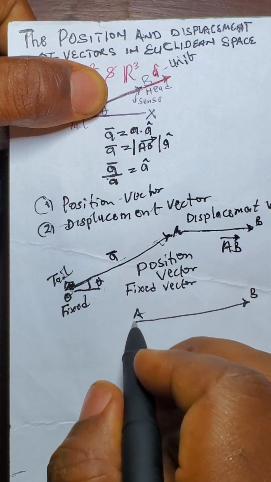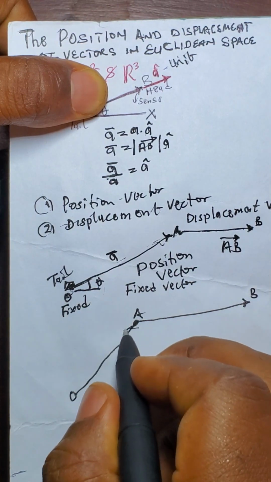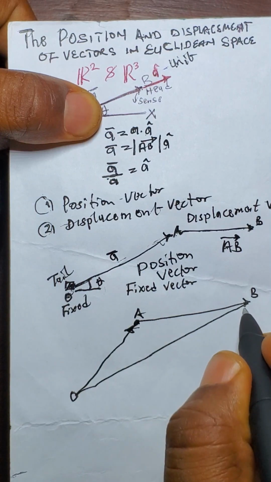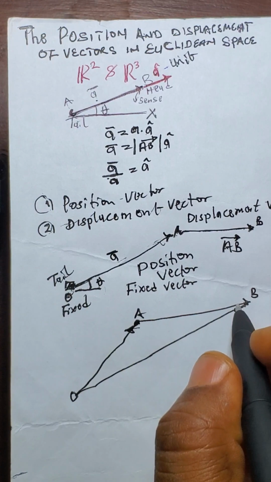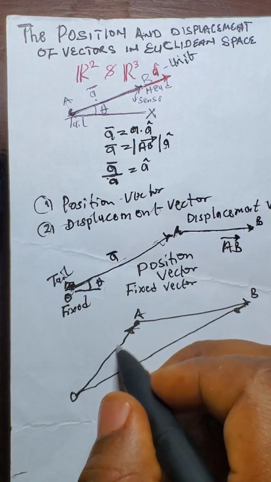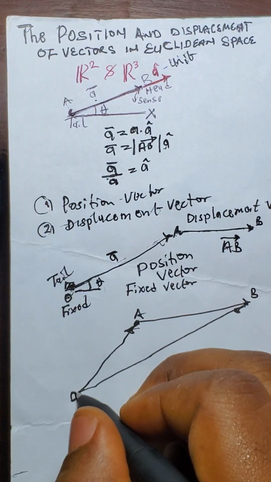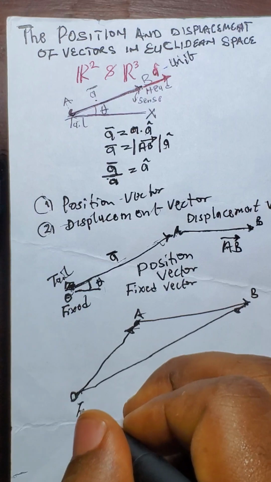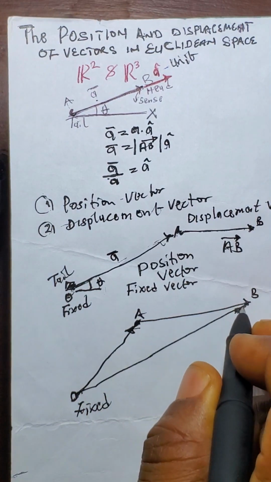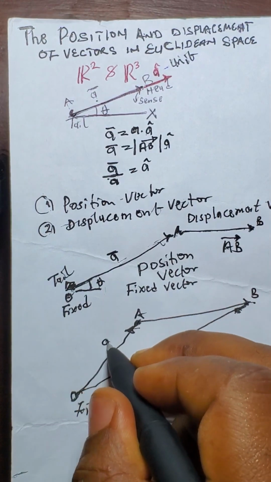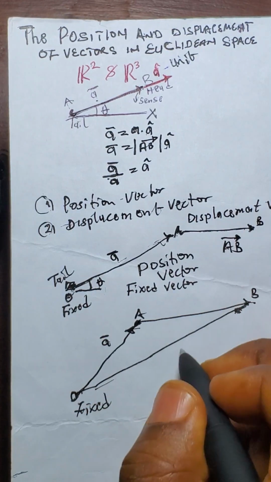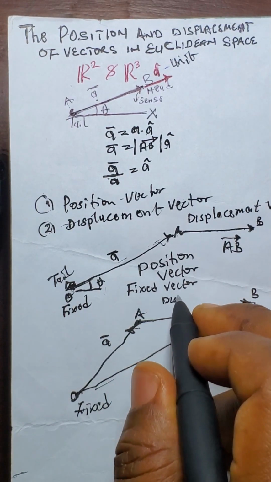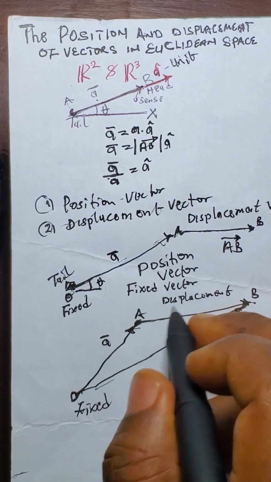Now, if I tie a vector to a fixed point O so that it can describe this point A, and I tie another vector to fixed point O again so that it will describe the location of a point B. Now, this particular vector that I have here that is tied to this particular fixed point is called the position vector of point A. This other vector that I tie to this fixed point is called position vector of point B. So position vector of point A, if I replace it with this letter, and position vector of point B, if I replace it with this letter, because point A moved down to point B, this is called displacement vector. I want to find an expression for this displacement vector AB.